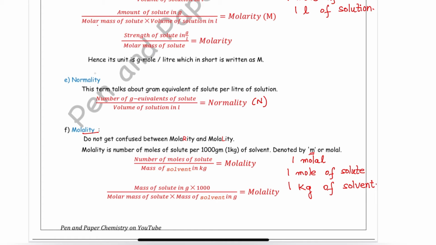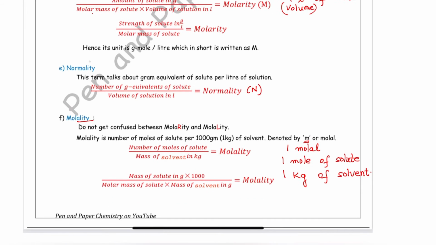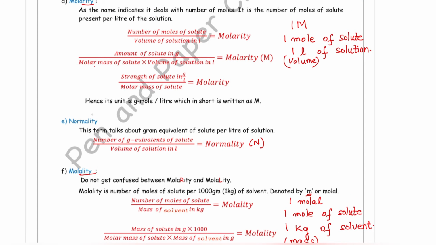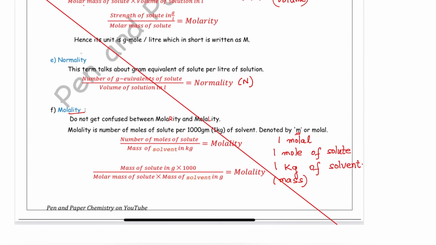So you can very well see the differences. 1 mole is the same in both of them. Here we are talking about the volume of the solution, whereas in the case of molality, we are talking about the mass. In the case of molarity, I am talking about solution. In the case of molality, I am talking about solvent.